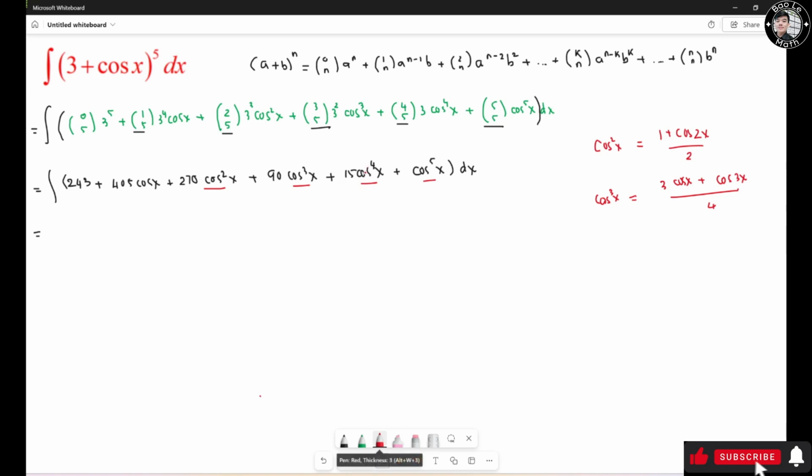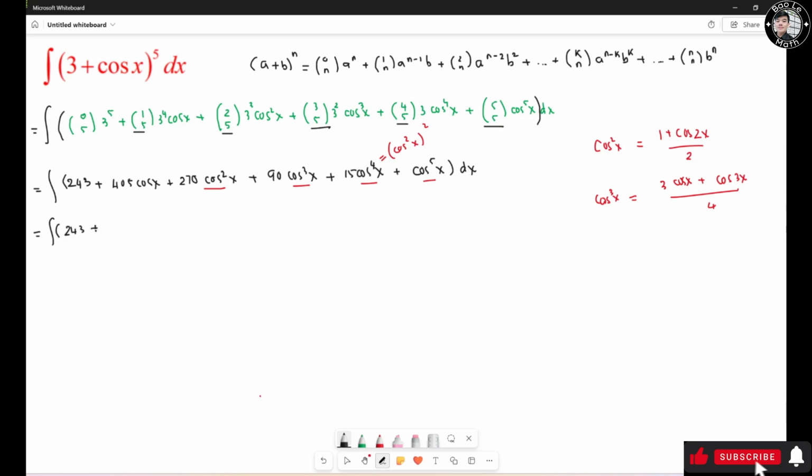Now for cosine to the 4 of x, I can write this one as cosine squared of x, all squared.